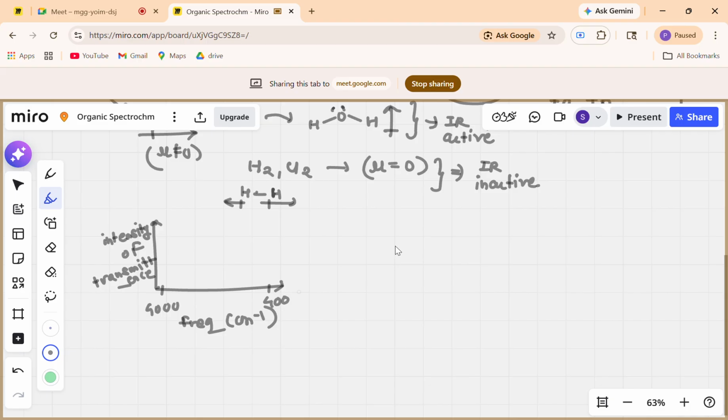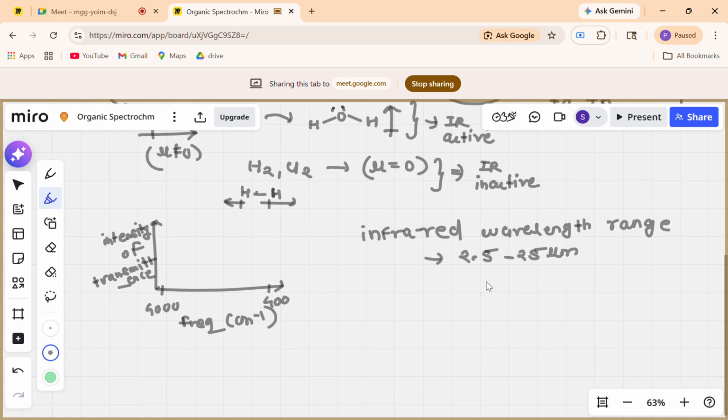So the usual range for infrared spectroscopy lies between 2.5 to 25 micrometer.